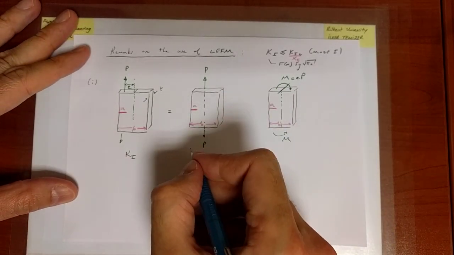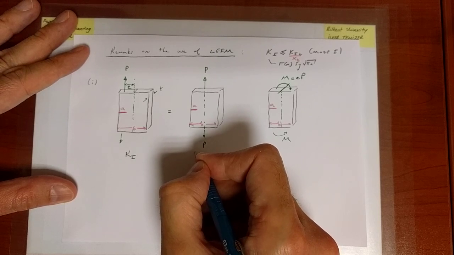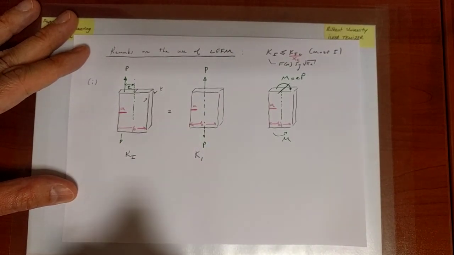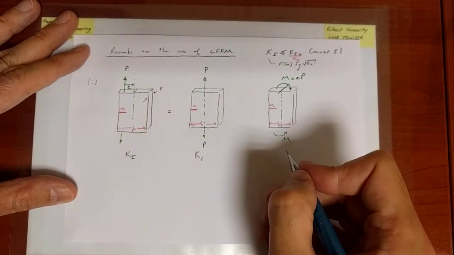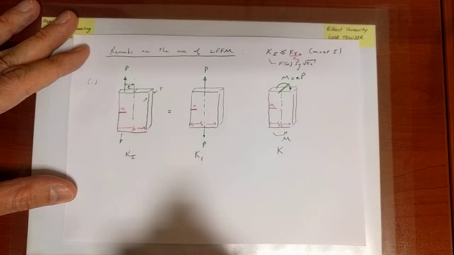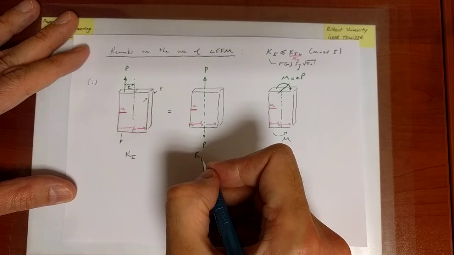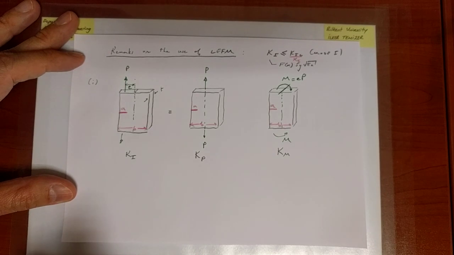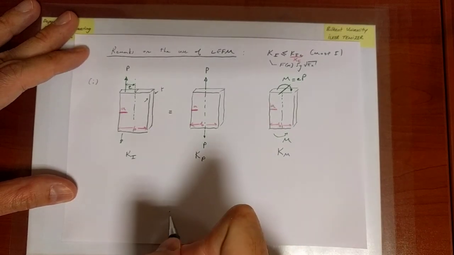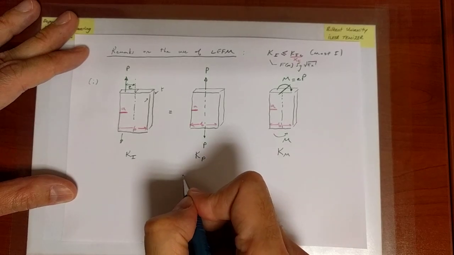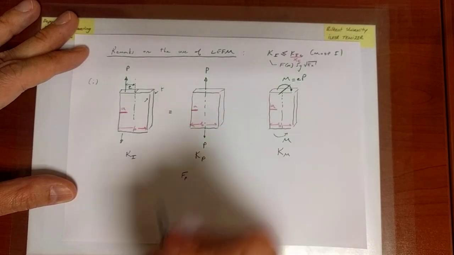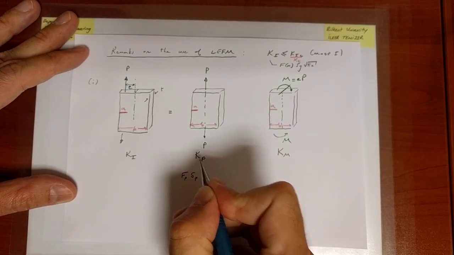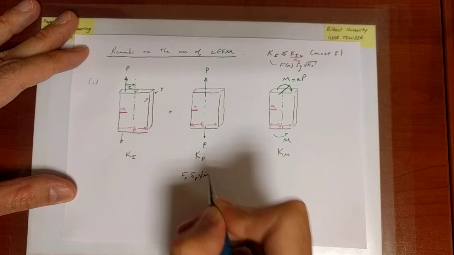Well, in this particular case, let us call this K1, okay? Now, 1 not for the stress intensity, but rather this is situation 1, and this is situation 2. Or in fact, let's go ahead and just call this Kp and call this Km. So both are mode 1, and I know that in this case, Kp is equal to some form factor that is specific to this loading scenario, multiplying the gross stress that is specific to this loading, root pi a.